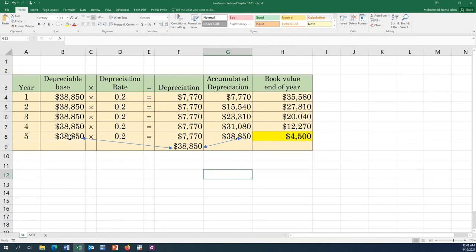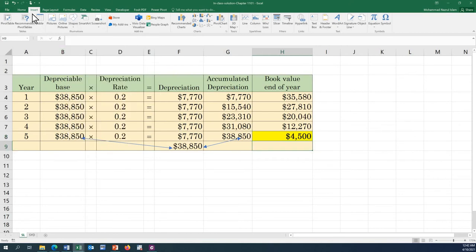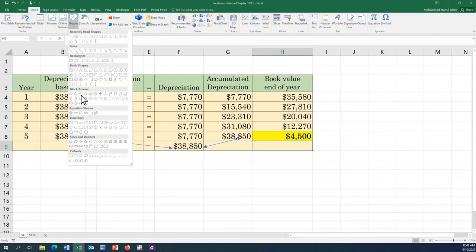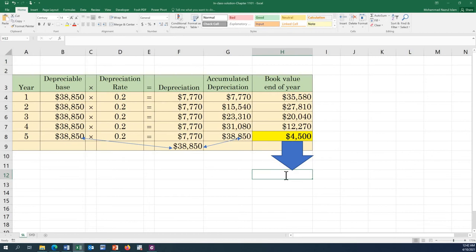See that our depreciable base, total depreciation, and accumulated depreciation are equal. And this one is our residual value.